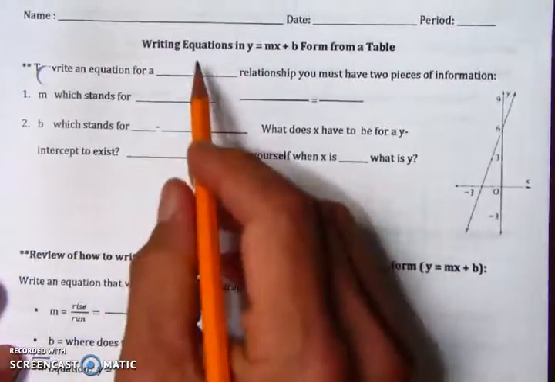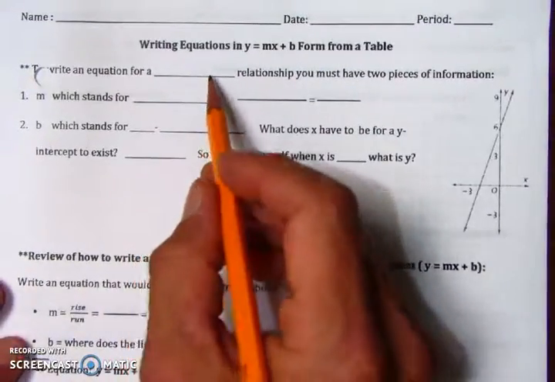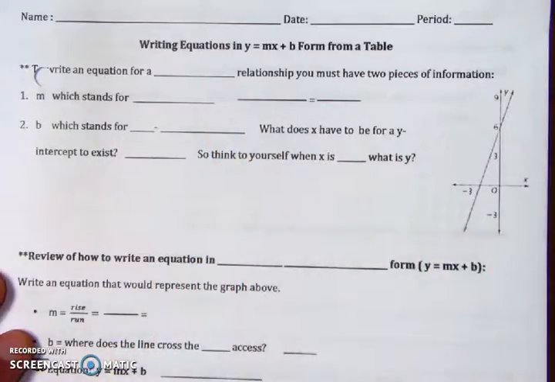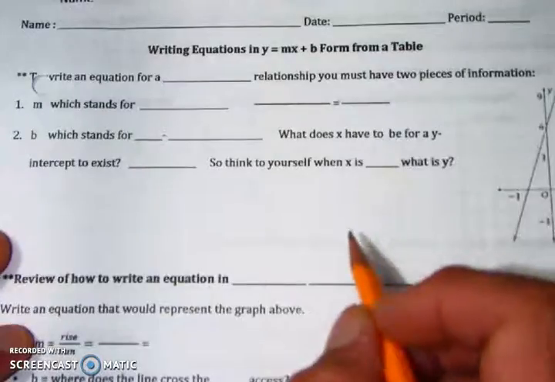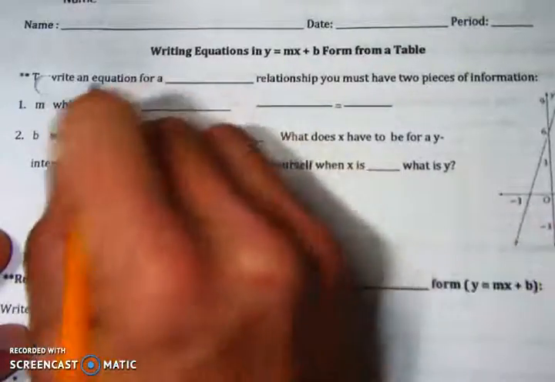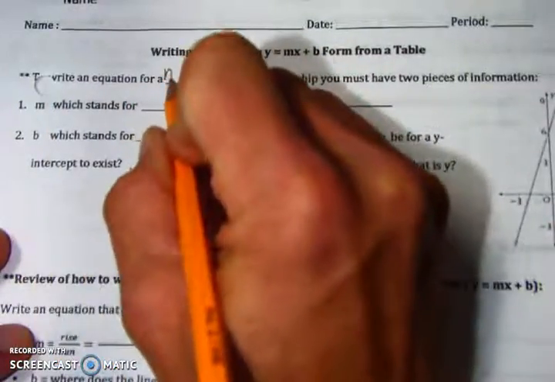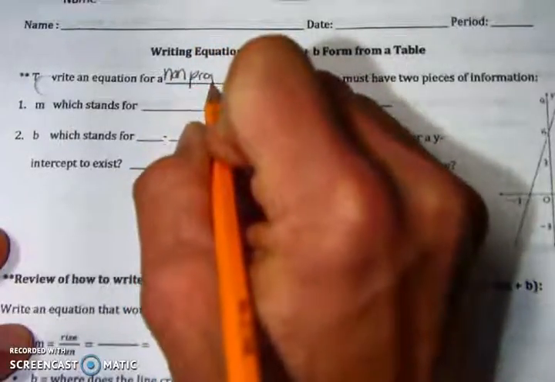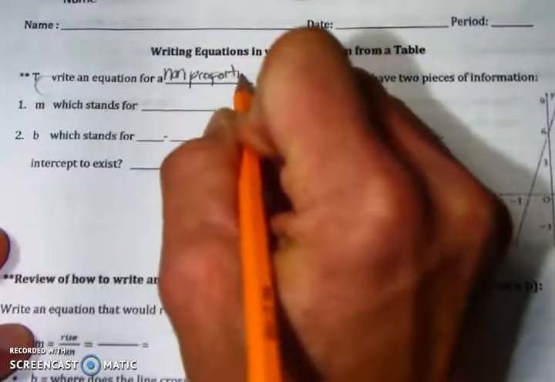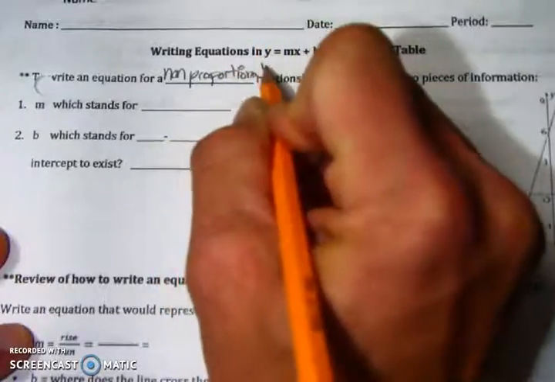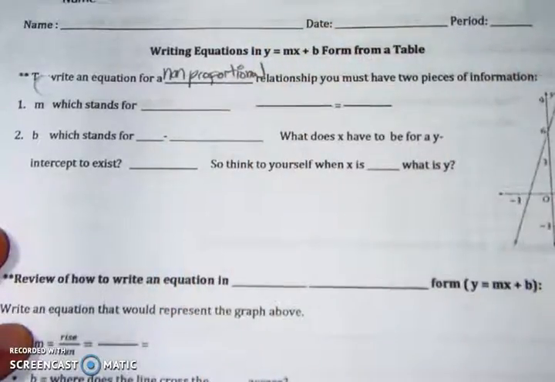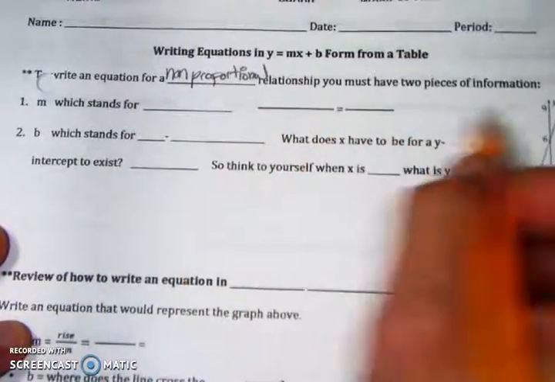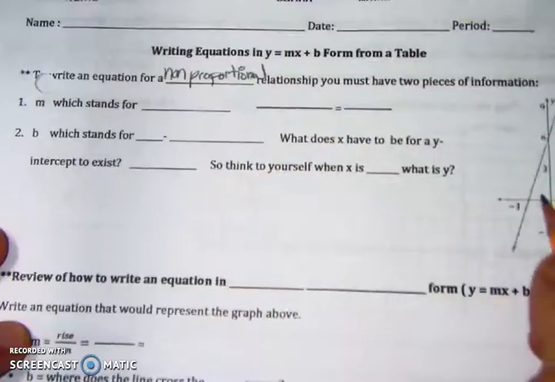Let's go over these notes on writing equations in y equals mx plus b form. To write an equation for a non-proportional relationship, you have to have two pieces of information.